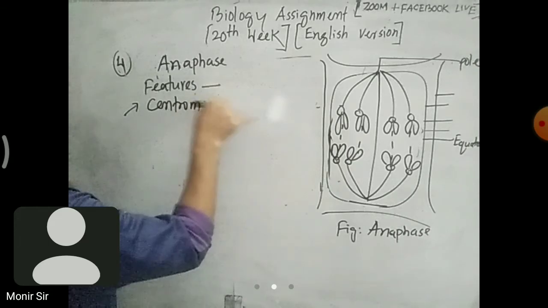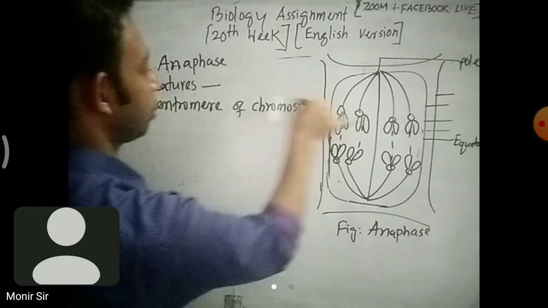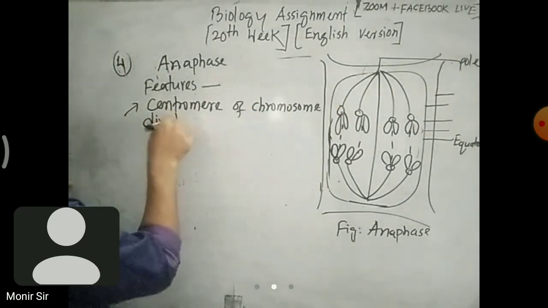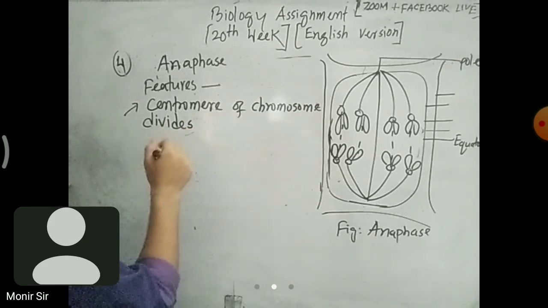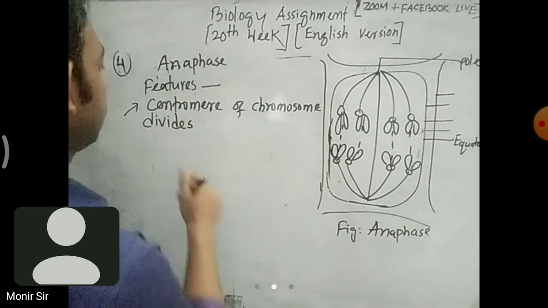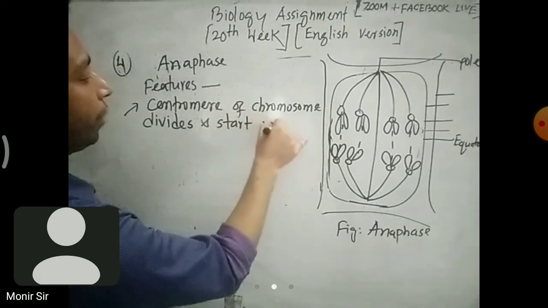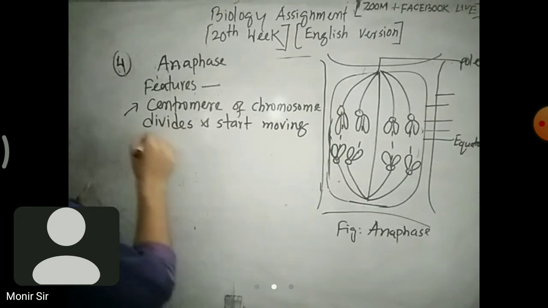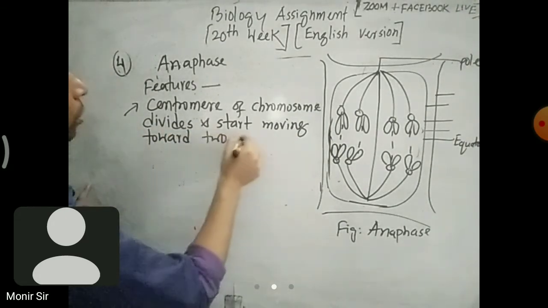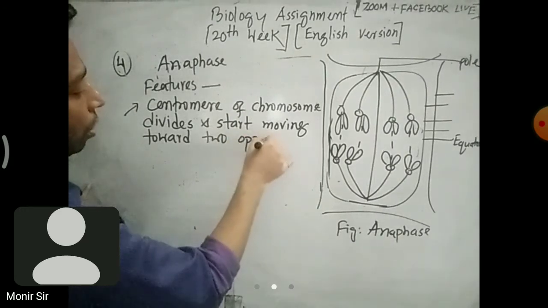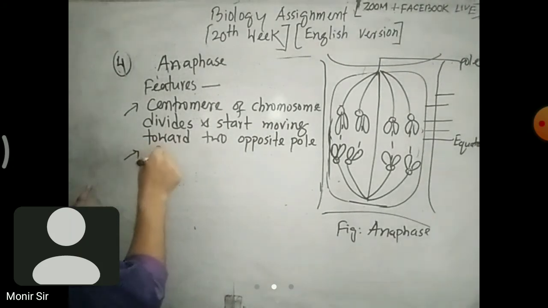Centromere of chromosome divides and starts moving toward two opposite poles in this stage.